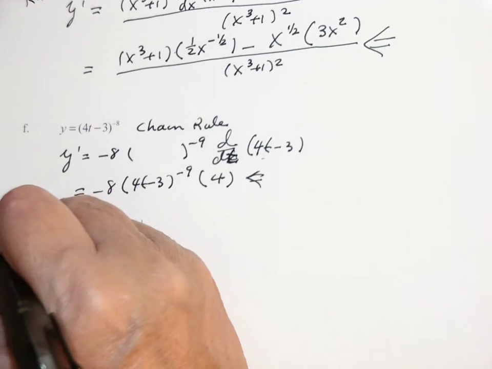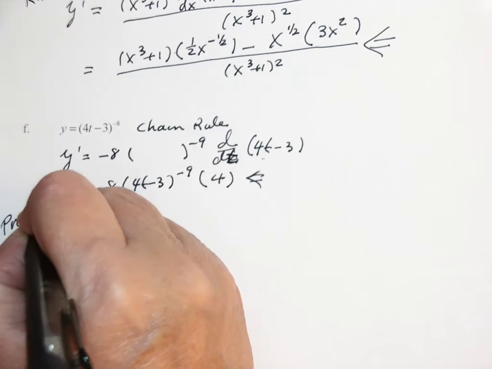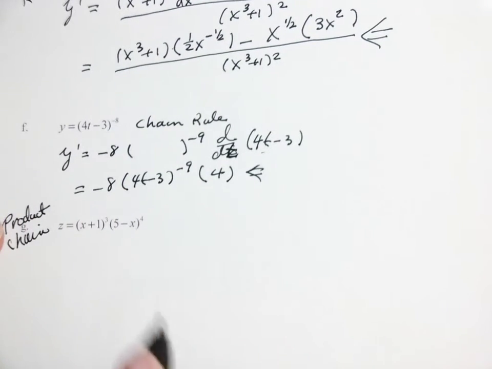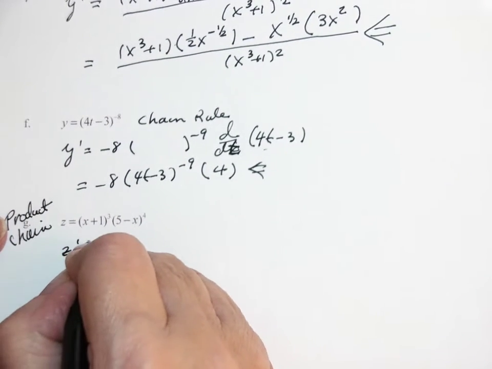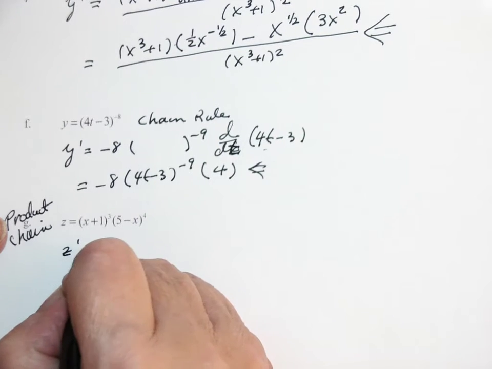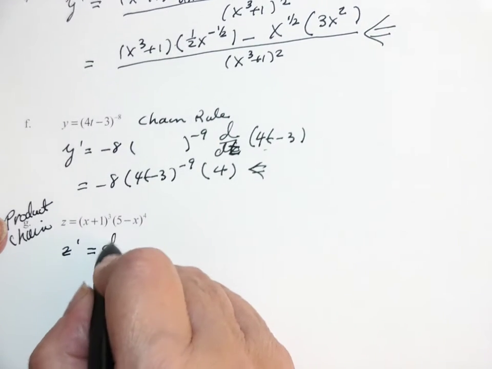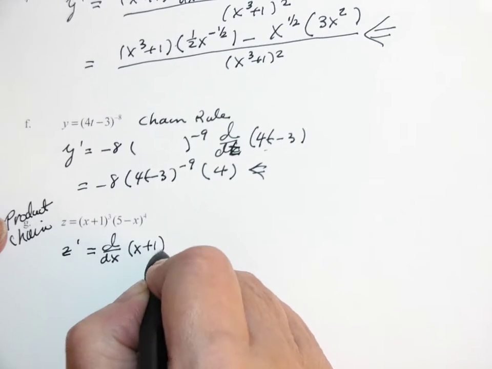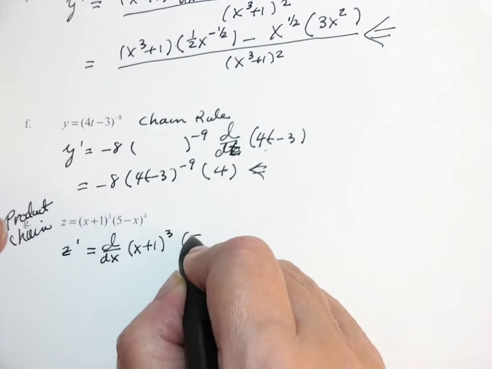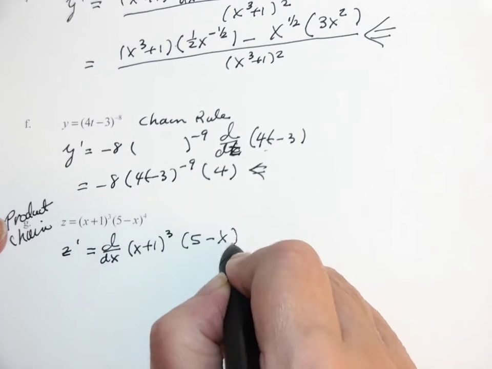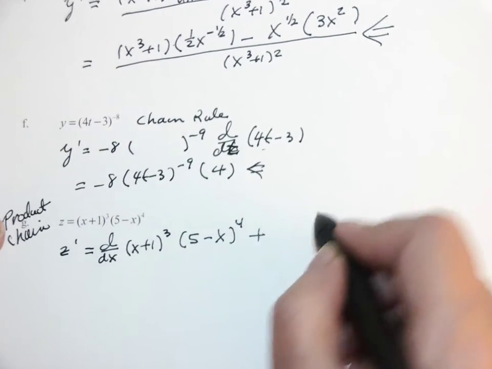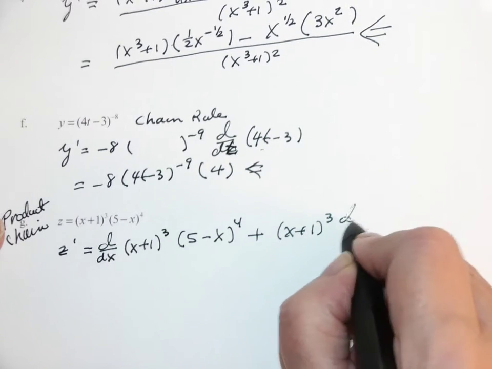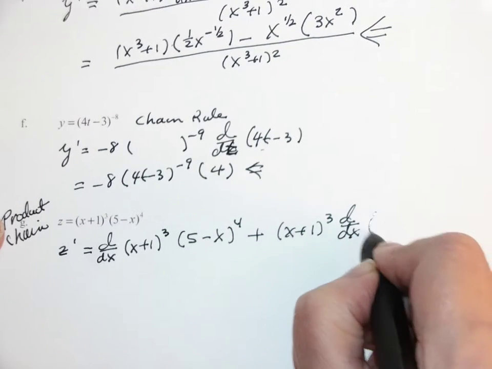This is product, chain. So that z prime is the derivative of the first times the second plus the first times the derivative of the second.